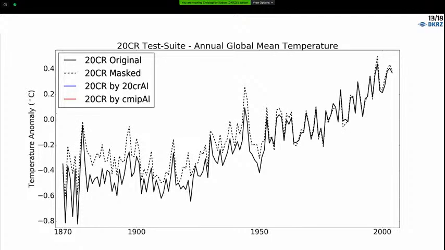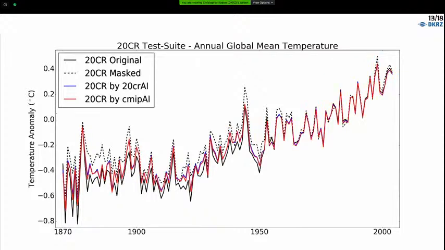And you see there are some potential biases coming with it. Now we can put in the reconstructed one from the 20CR AI and from the CMIP AI.